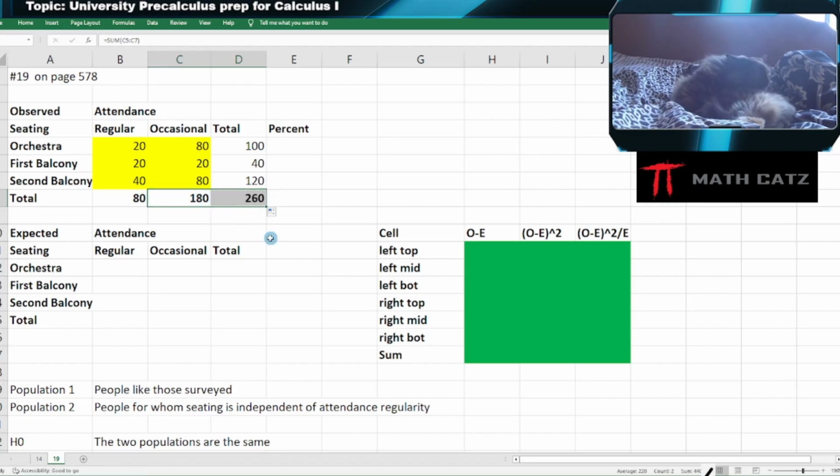There are 260 of them. Okay. So now how am I going to test for independence? Well, I'm going to look at the percentages, which will be how much is the row total out of the overall total. So I'm going to calculate a percentage here.